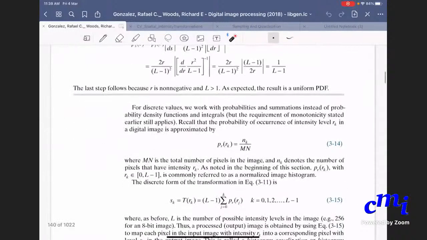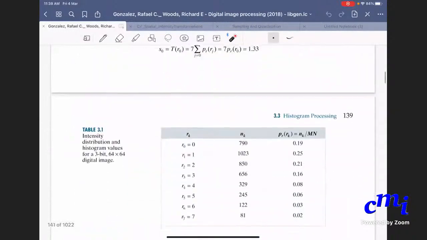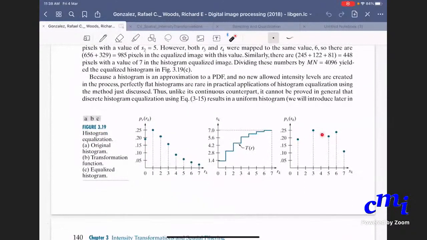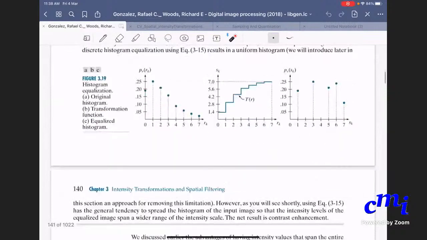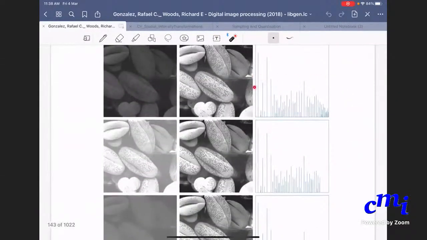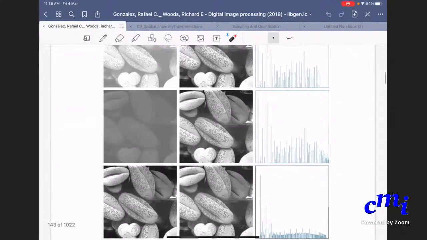But if you see in practice, this is not actually uniform, right? This is not flat. These are not all at the same level. So this will be the case in practice. Even here, when this is equalized, you don't see these all at the same level, although these are equalized histograms.